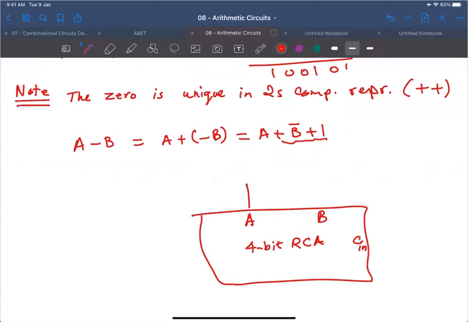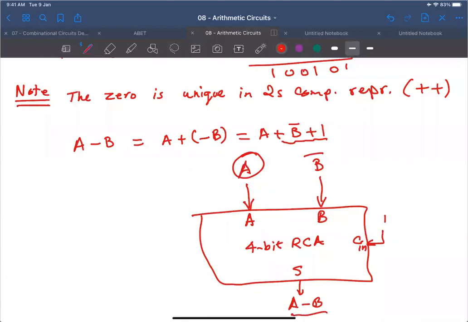If I input A here, and I want to get at the output A minus B, then for here, I should input, instead of B, B complement. And for the carry in, I input 1. So this circuit here produces A minus B.